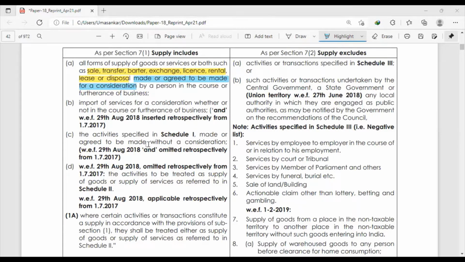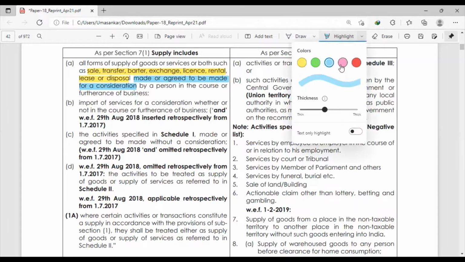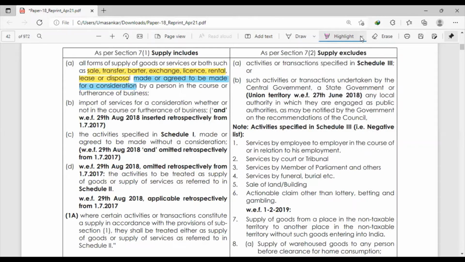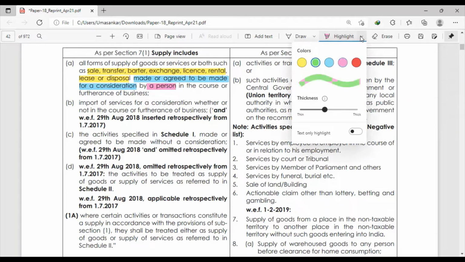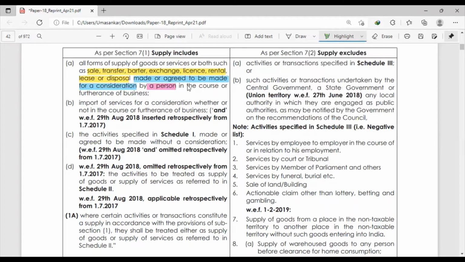So what will be our next point? By a person. Here it is by a person. I'm dividing the whole definition so that it will help in remembering. In the course or furtherance of a business.